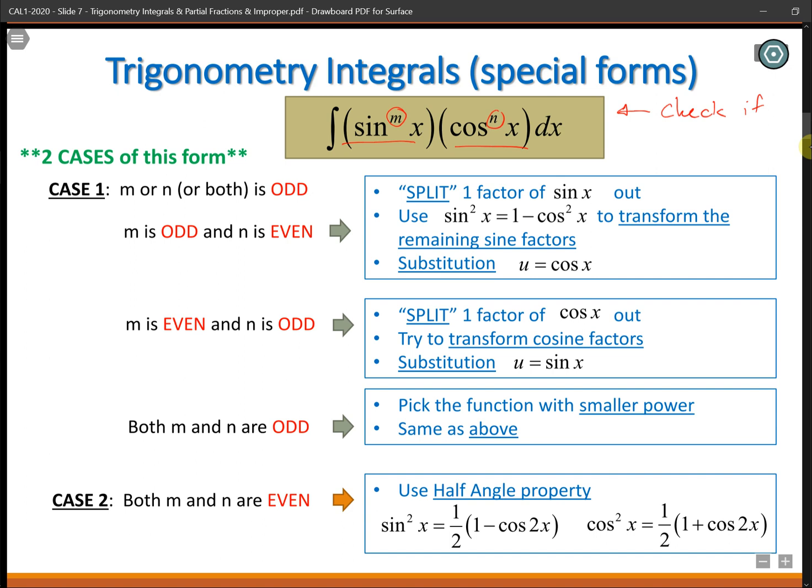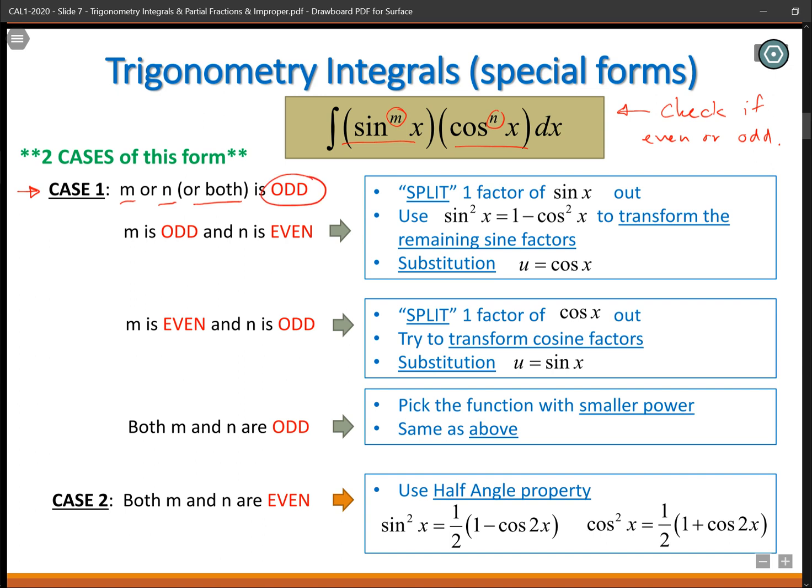After checking, if at least one of them is odd, it goes to case 1. Once again, if at least one of them is odd, it's case 1. What I mean is that m is odd, or n is odd, or both are odd.